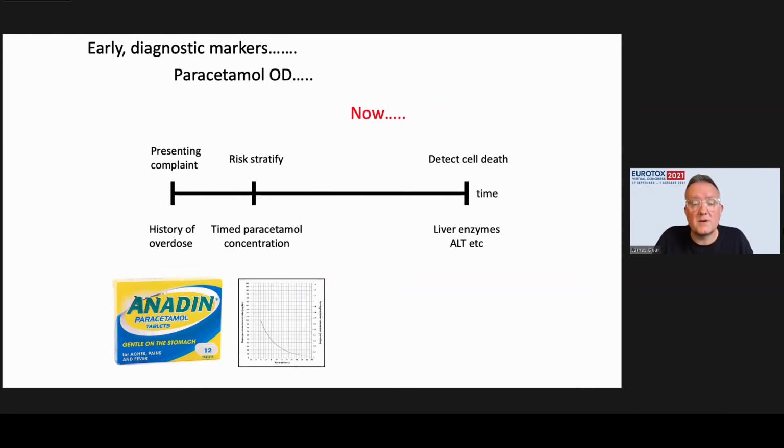We have the history of overdose, we have the paracetamol concentration, but at the moment we have to wait until ALT is either elevated or not elevated to be able to discharge the patient or intensify their treatment. What we need are biomarkers that can move us much nearer to presentation.